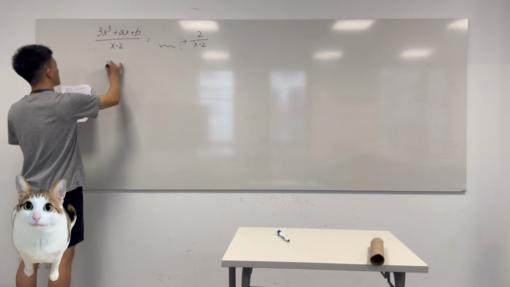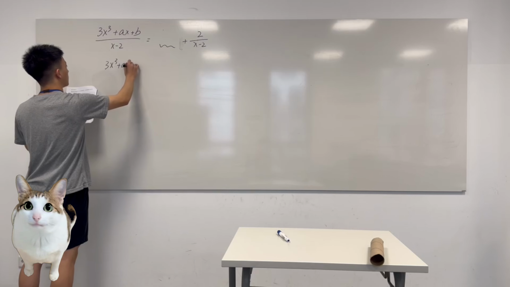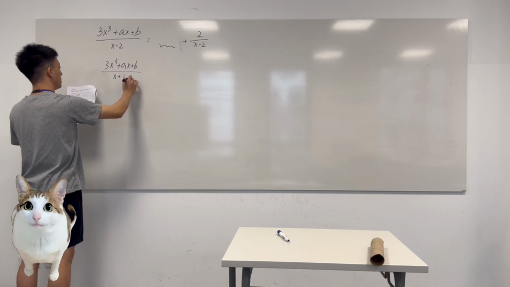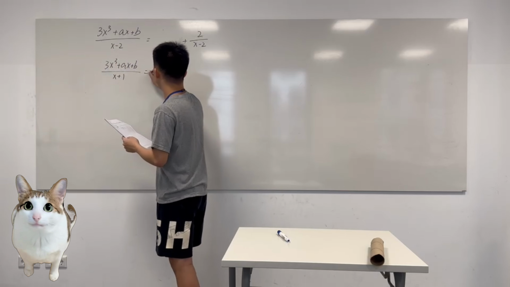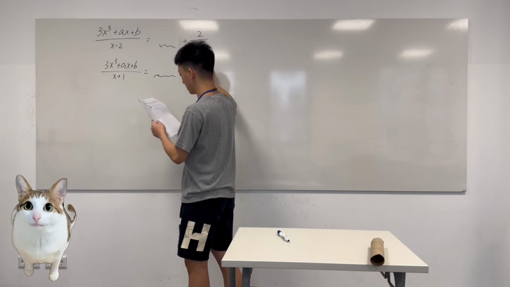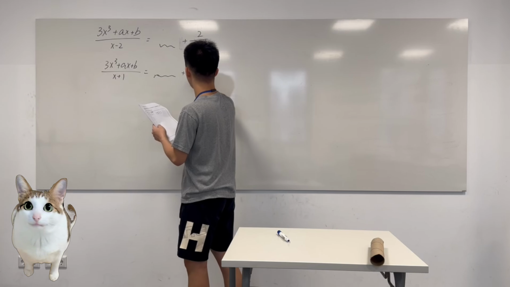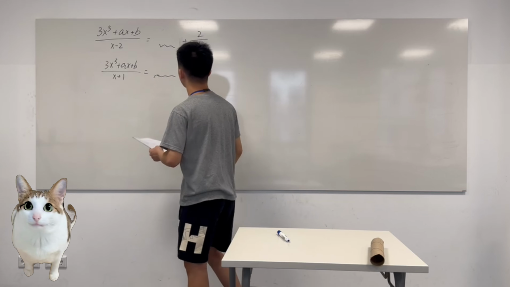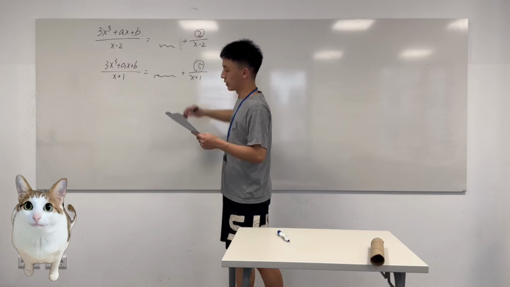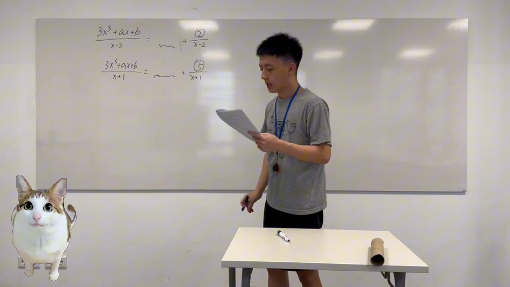And when we use this to divide by x plus 1, then we will get something else, plus 5 over x plus 1. Those things are called remainders.